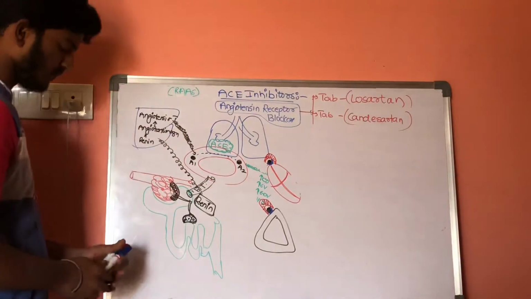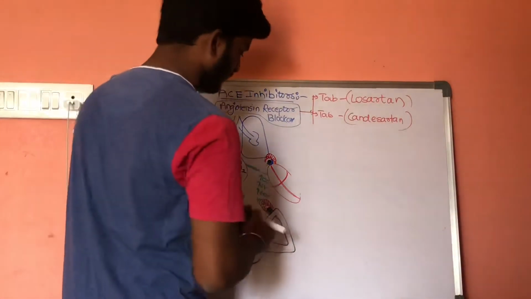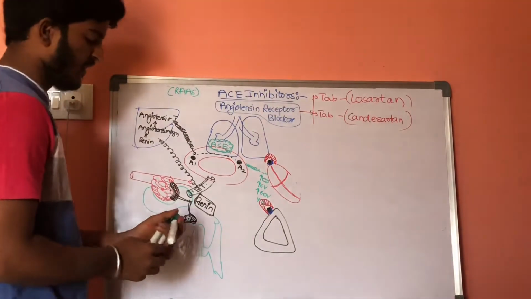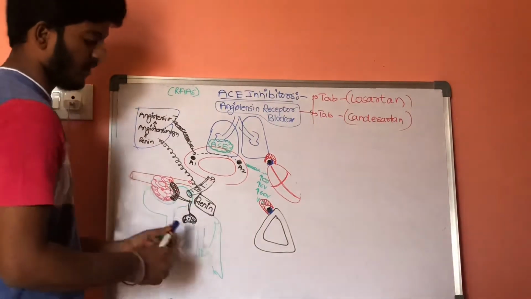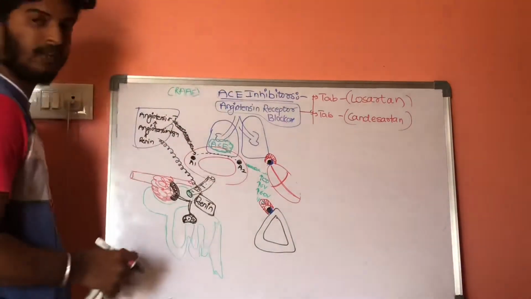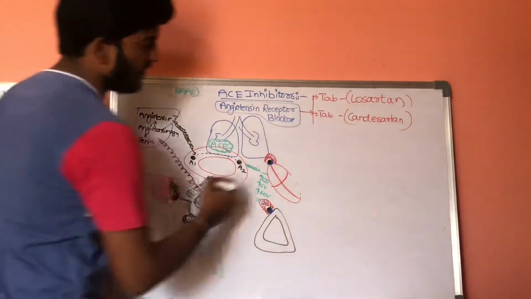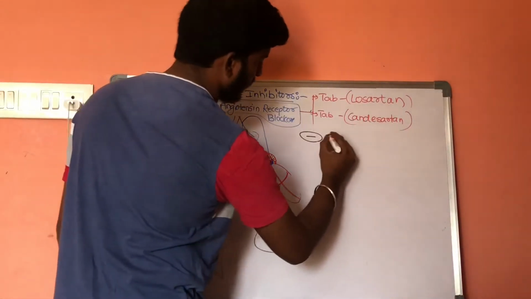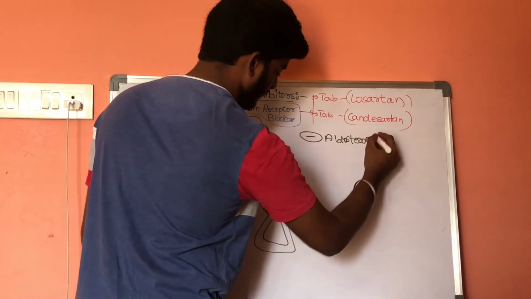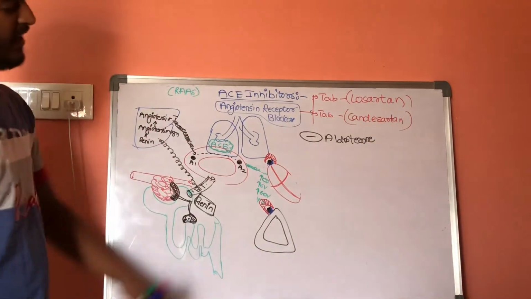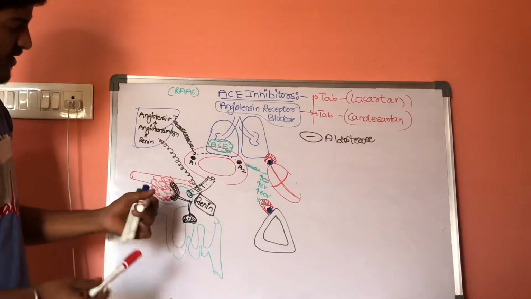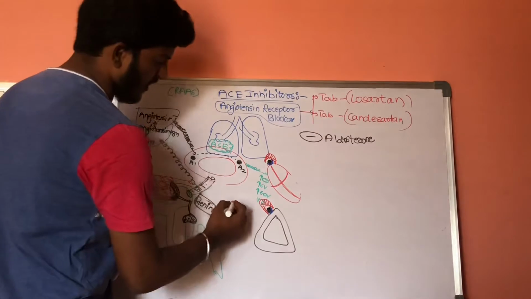Now, whenever these angiotensin receptor blockers are used, they show their effects on the zona glomerulosa, and there will be a sudden decrease of aldosterone. We know that there are receptors of aldosterone on the hypothalamus.